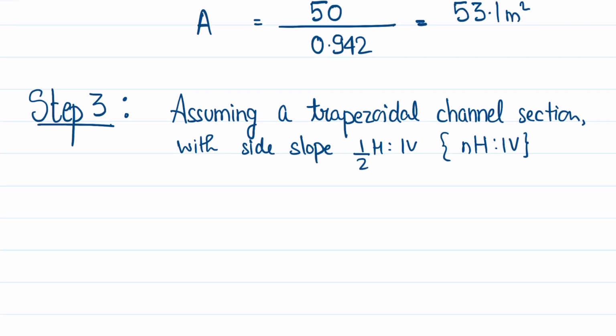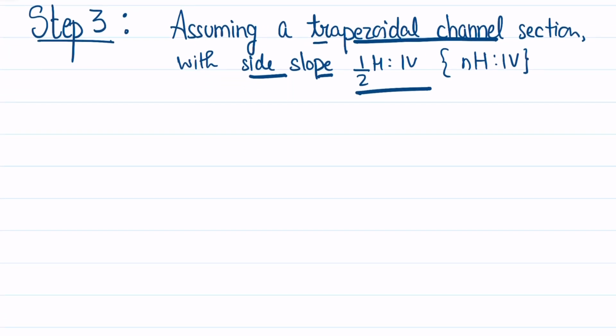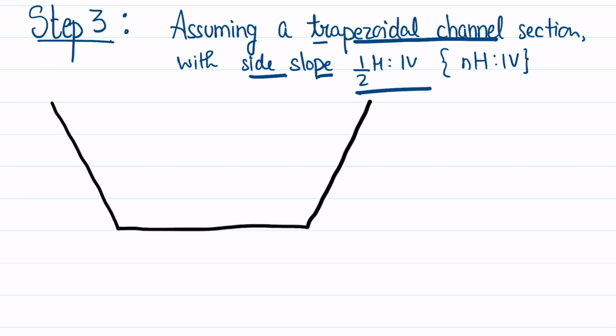Okay, so we have assumed that we are designing a trapezoidal channel section, and since the side slopes are not given to us, we are going to assume this side slope also. Okay, so this is the value. Now we have to find out the area of this trapezoidal channel section in which the water is flowing.